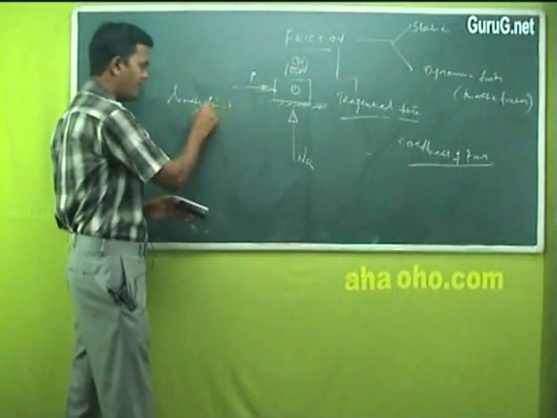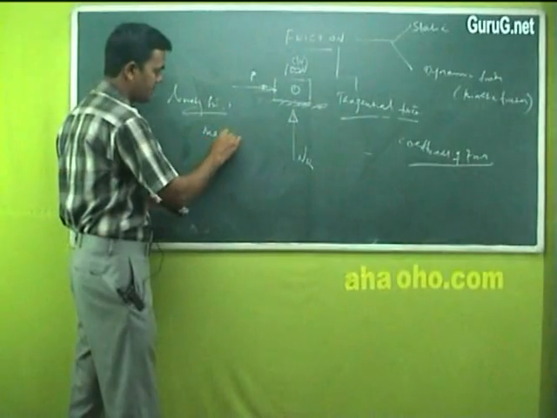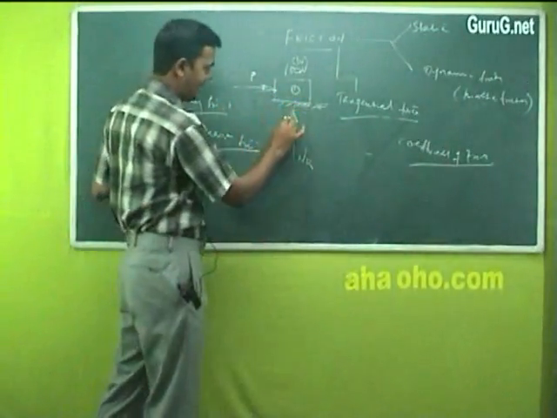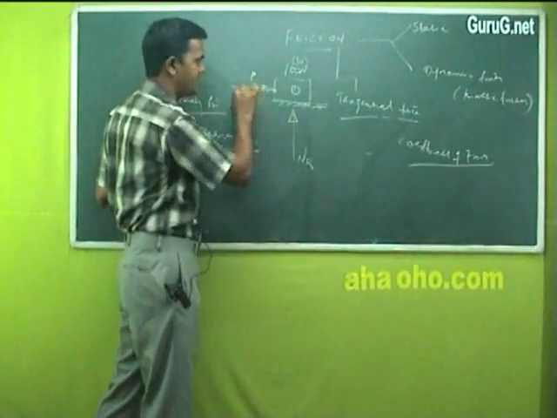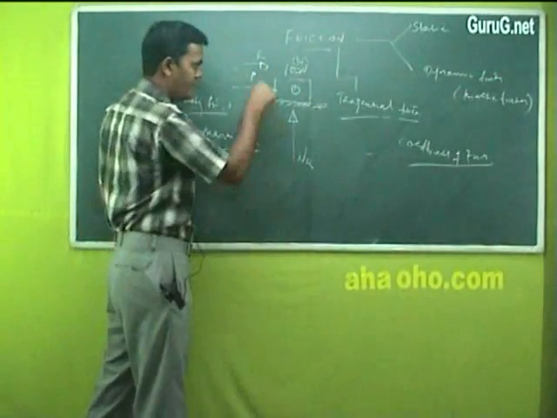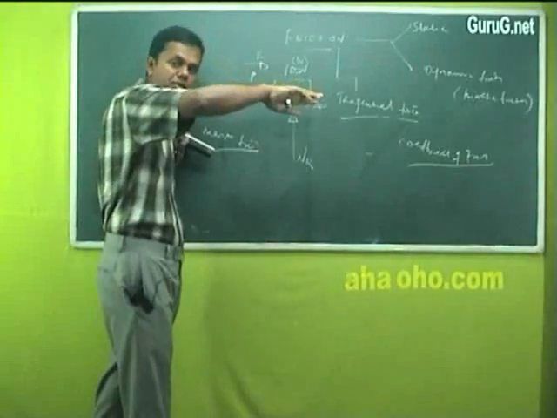Limiting friction. That means you have friction here. What is the maximum frictional value? It's called your limiting friction. I can show that, because normally when a body is moving towards the right hand side, the friction will always be in the opposite direction, because frictional force is the force which resists the movement of the body.